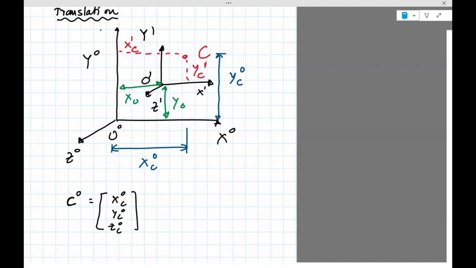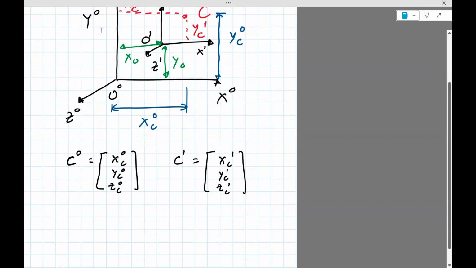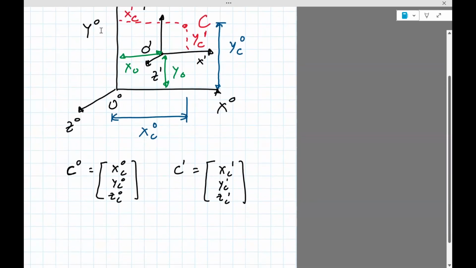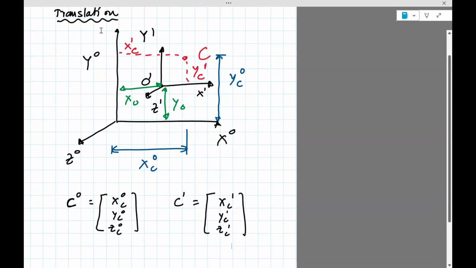So zC0. If you want to describe it in frame 1, it would be xC1, yC1, zC1. Now here's one. This should be O1.